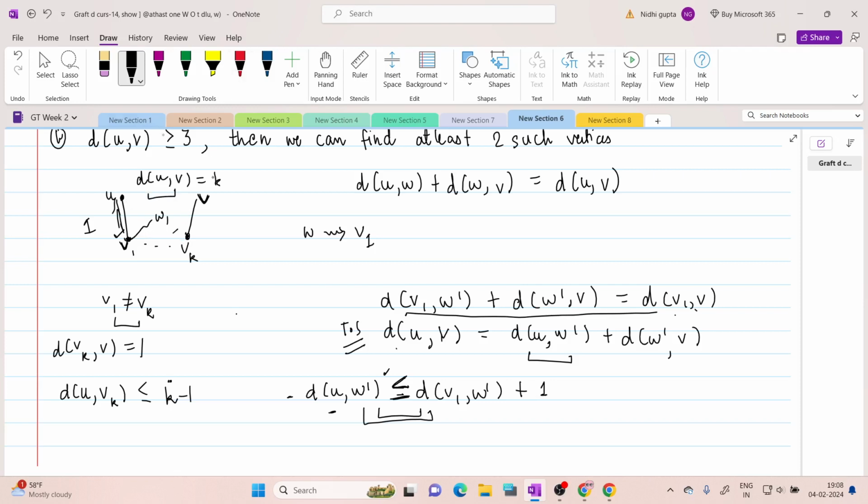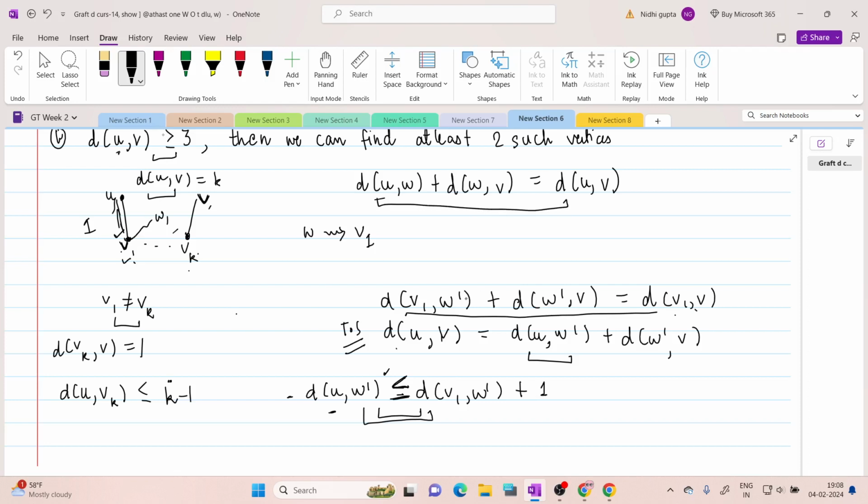So basically we have to repeat just the above argument of part A to the vertex vk. The only difference is that if d(u,v) is greater than or equal to 3, we can guarantee that v1 and vk are different. So now do you understand that? So basically, if d(u,v) is greater than or equal to 3, the immediate vertex to u and the immediate vertex to v will satisfy this equality.